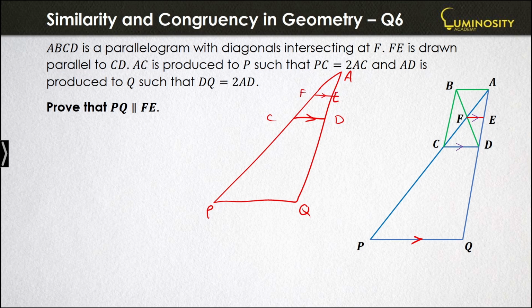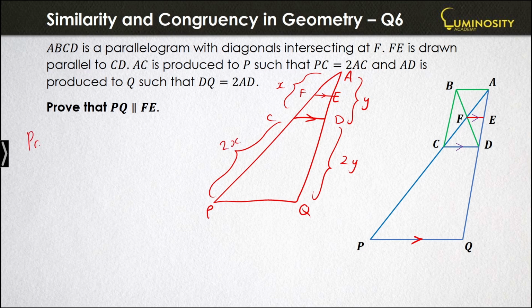But we were also given that this length AD, if we called it y, then the length of DQ was 2 amounts of y. We were also given that the line AC, if I called that x, then the line PC was 2 amounts of x.